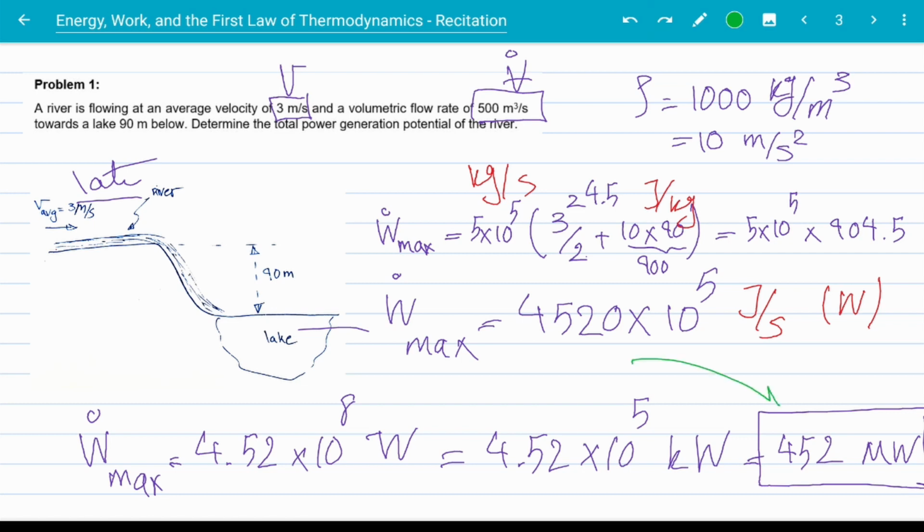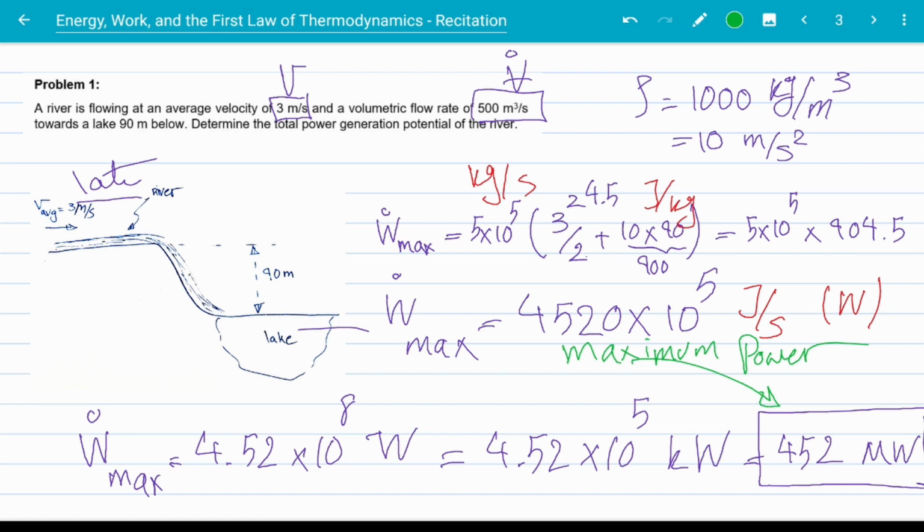Please take note that this number is the maximum power that this river can theoretically provide. Now, the actual output of the turbine will definitely be lower than this number because of all the losses and friction and everything else.